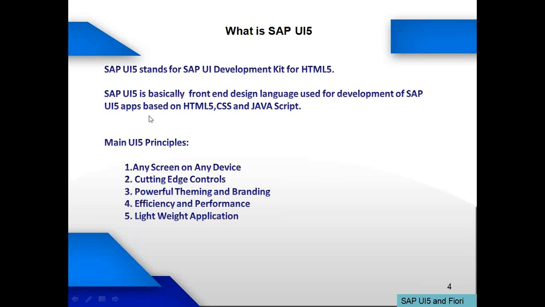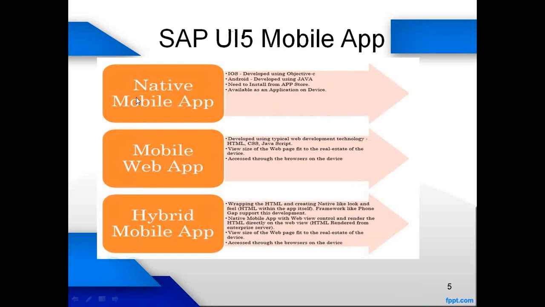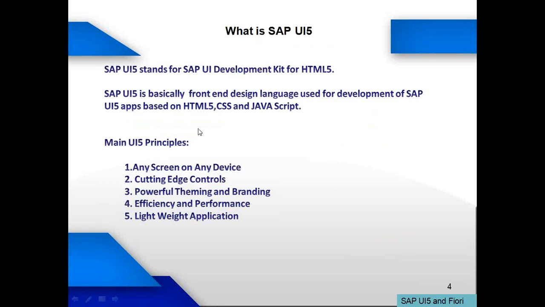So SAP UI5 is basically a front-end design language used for development of SAP UI5 apps based on HTML5, CSS, and JavaScript. Actually, SAP UI5 is an open language that can be used on any database. And the thing is, we are moving to a more open world.